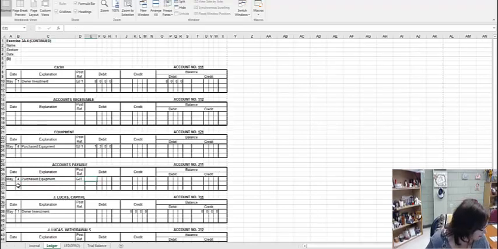And how much was it? I did the equipment. It was for $1,300. So I'm going to show the credit of $1,300 and then the balance of $1,300. Now again, remember, equipment, debit first, and then the credit for the accounts payable. Okay? That's what we're doing. All right?